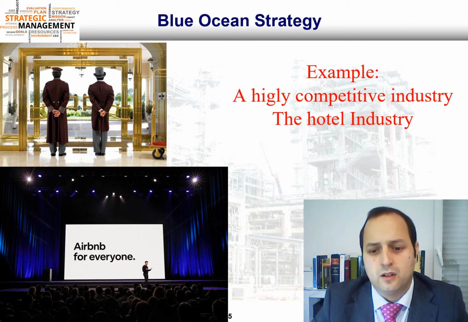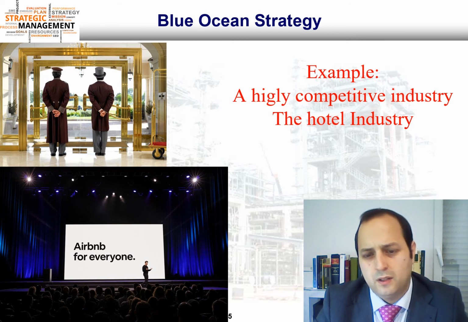There are a lot of examples of blue ocean strategy. Here you can see one, for example. You all know that the hotel industry is a highly competitive industry. It is a red ocean full of competitors, full of blood.